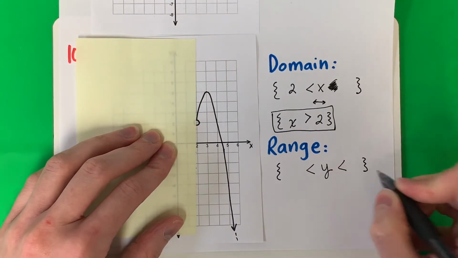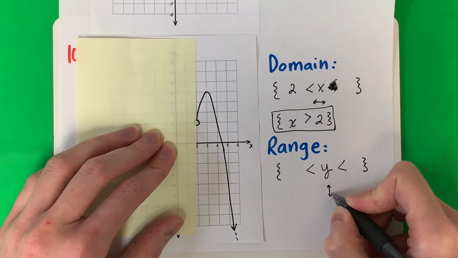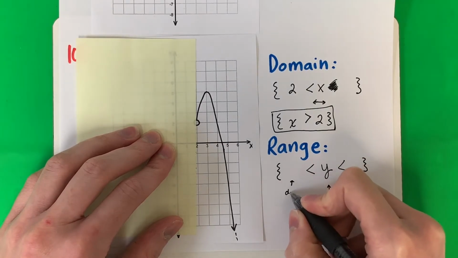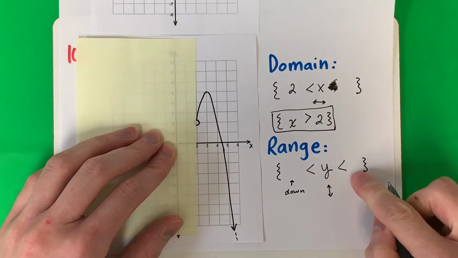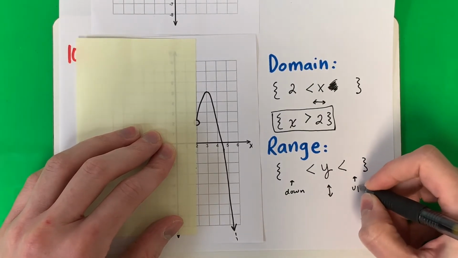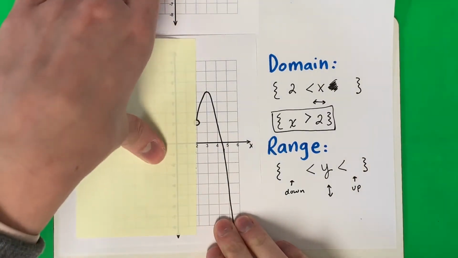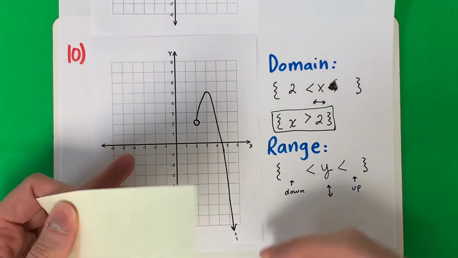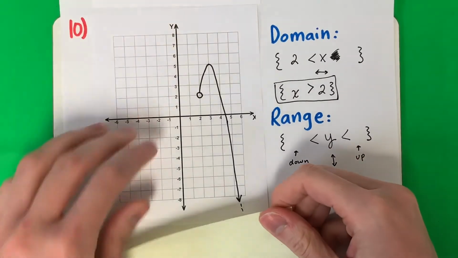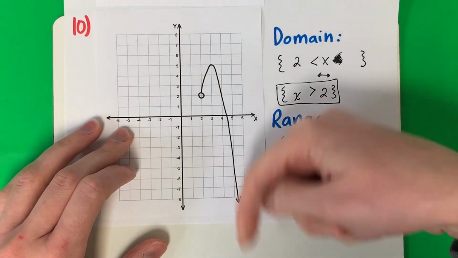Braces. Remember, Y is up and down, and first is small, so small is down, and second is big, which is up. So let's go ahead and put our stickies. So down. Can I put a sticky down? No, I cannot because it continues forever.